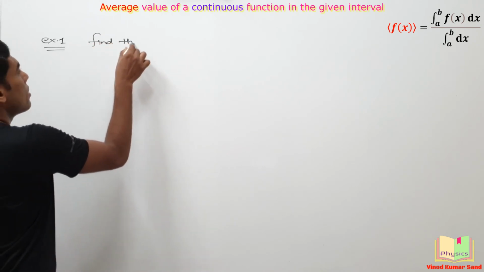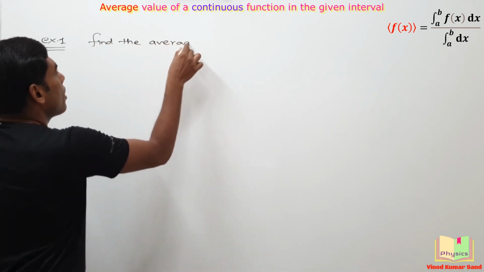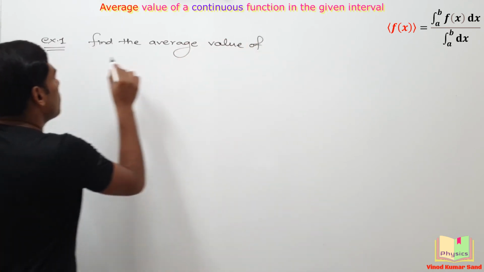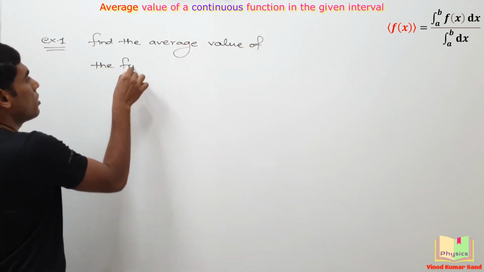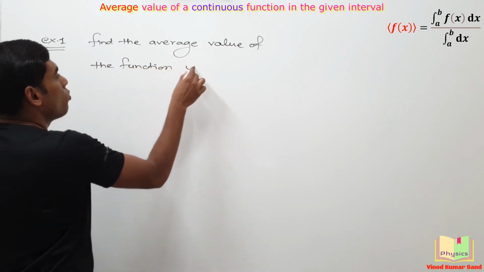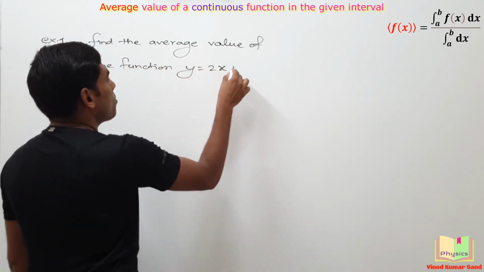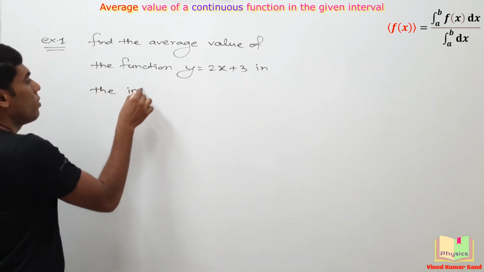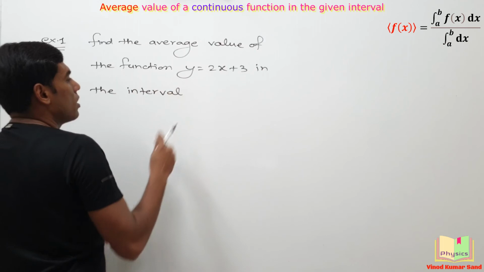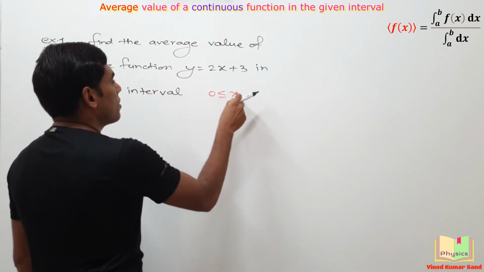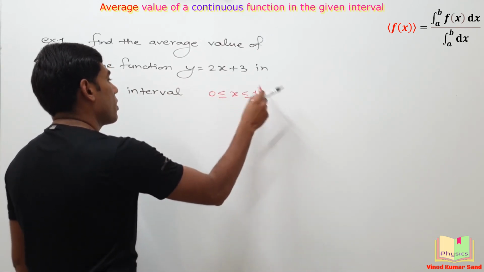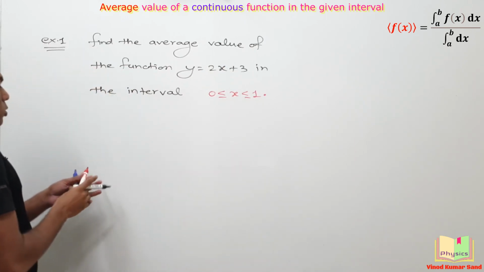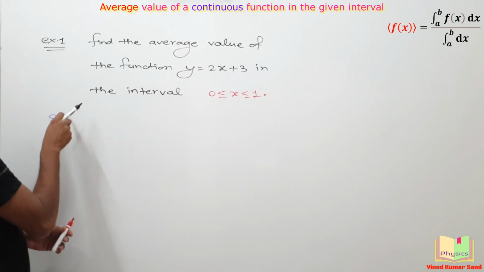Find the average value of the function y is equal to 2x plus 3 in the interval 0 less than or equal to x less than or equal to 1. This is the question. The solution part is pretty simple.